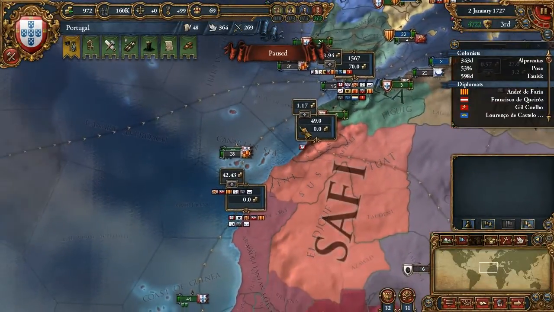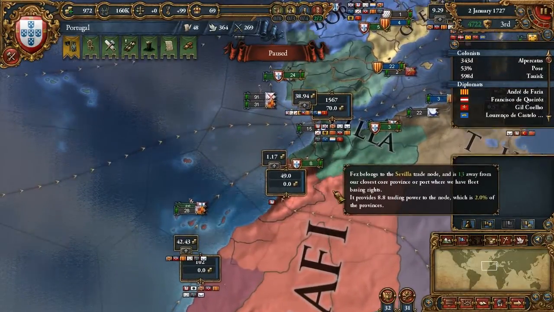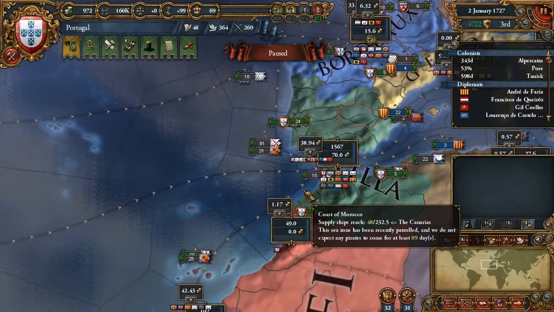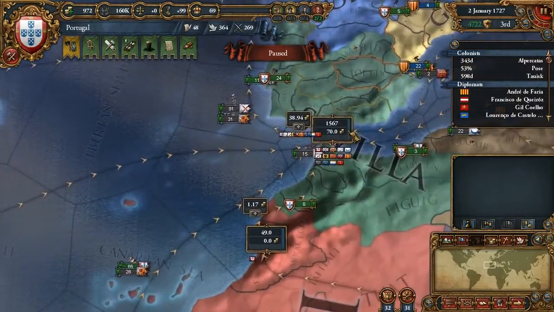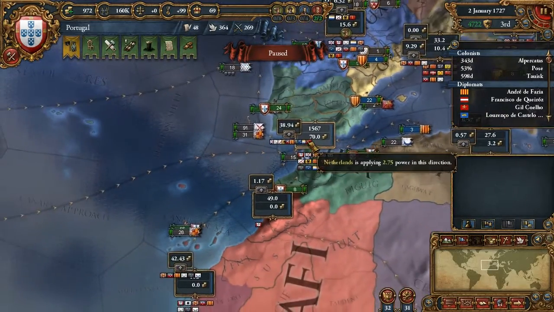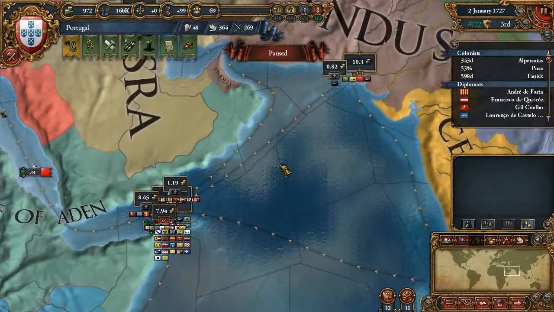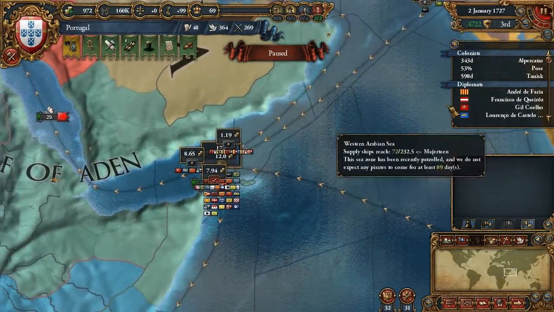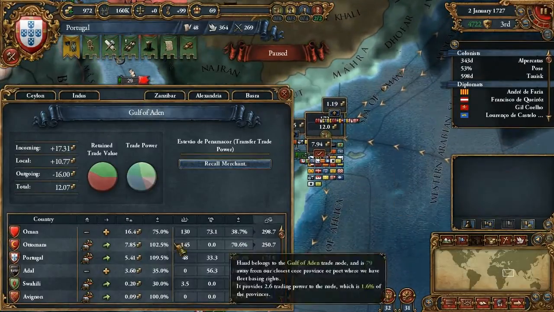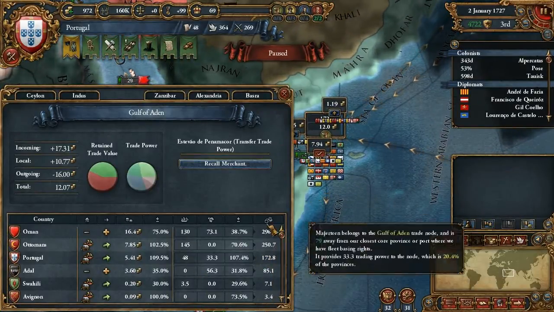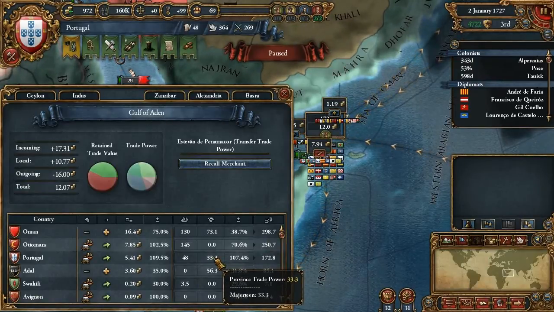Now it's not ideal to transfer trade power everywhere. The idea is you try to push as much money as you can to your capital. So let's have a look here. I'm pushing money from further, but as I'm losing a lot of money around here, I'm just going to start from here. So say here I got very little province trade power.